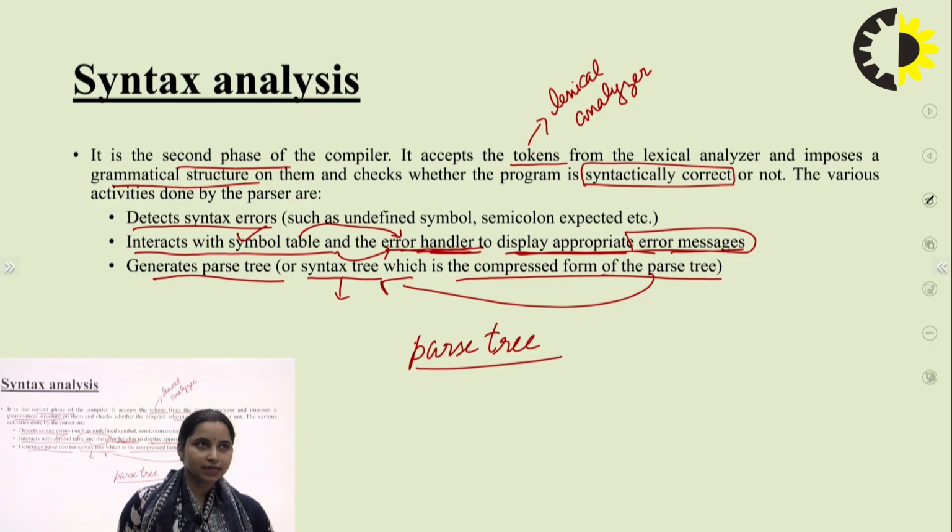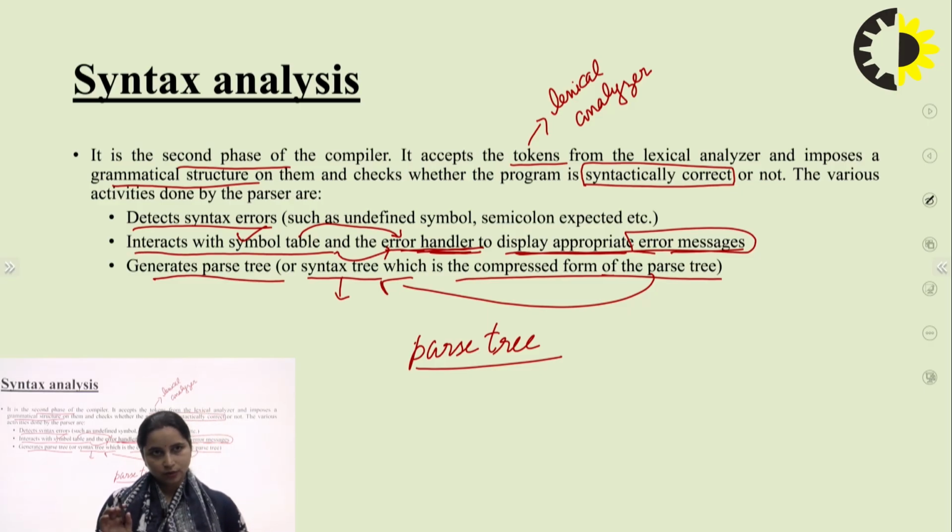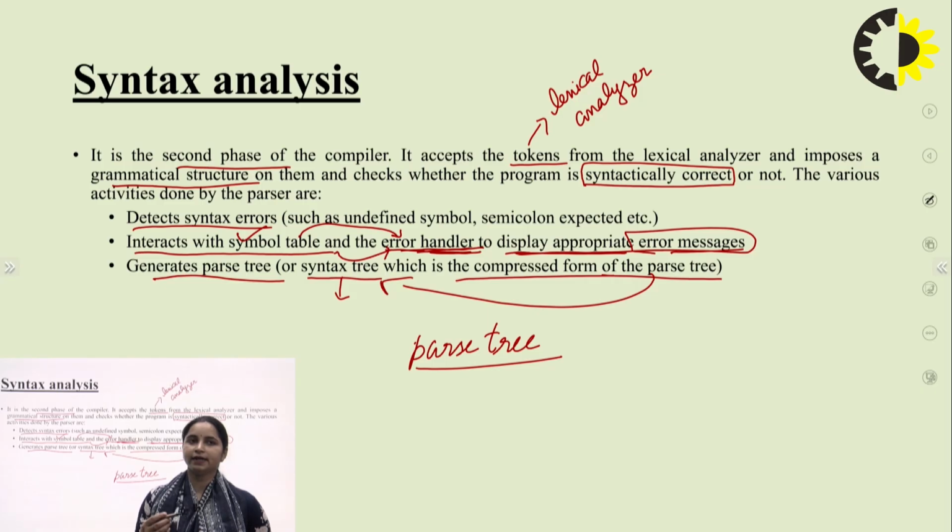So in syntax analysis, you have to keep in mind that it detects the syntax errors. And what are the syntax errors? Undefined symbols and any semicolon or curly braces which are missing. All of these are considered syntax errors. In lexical analysis, the errors generated were related to unidentified or wrong identifiers.